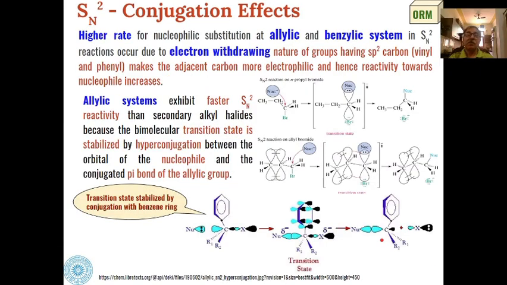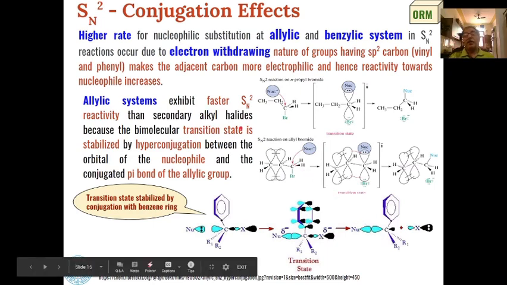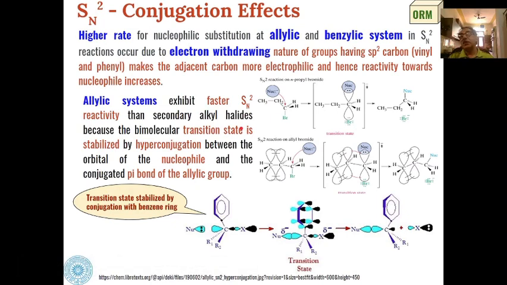Those steric effects were in the case of alkyl substituted substrates. It has been seen that in the case of allylic and benzylic systems, there are conjugation effects, and these conjugation effects are due to the electron withdrawing nature of groups having, say, a carbon carbon double bond.